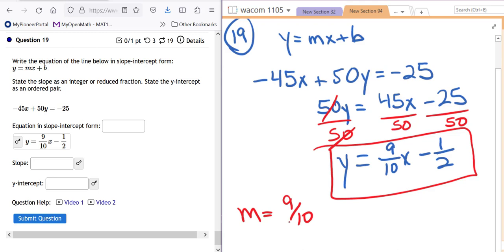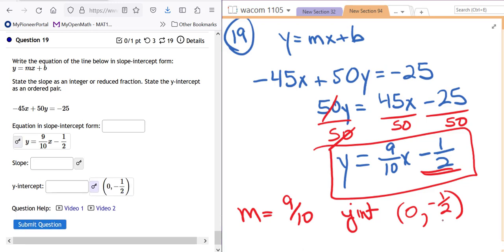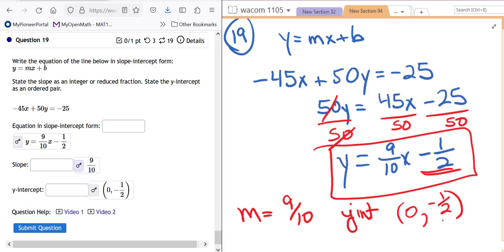Coefficient of the x, once you go to that form. The y-intercept is going to be this number at the end, but they said to do it in an ordered pair form. For the y-intercept, the x is 0 by definition. So 0, -1/2 should be that, and this one should be 9/10.